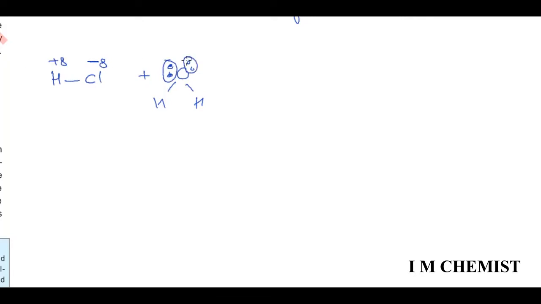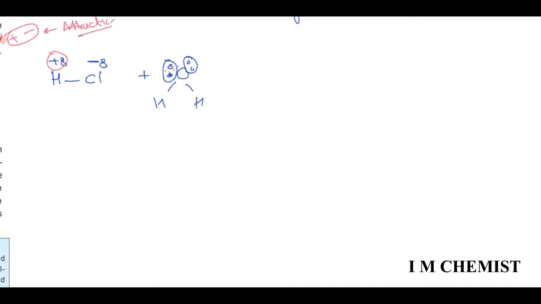What is the charge on electrons? Electrons have negative charge. And what is the charge on this hydrogen atom? Partial positive. And what happens when there are positive and negative charges? They would attract each other. There would be forces of attraction.